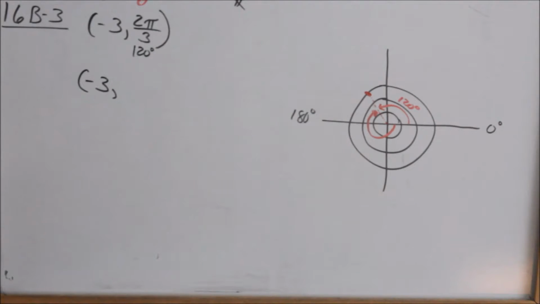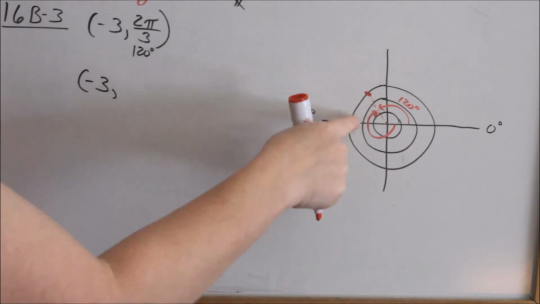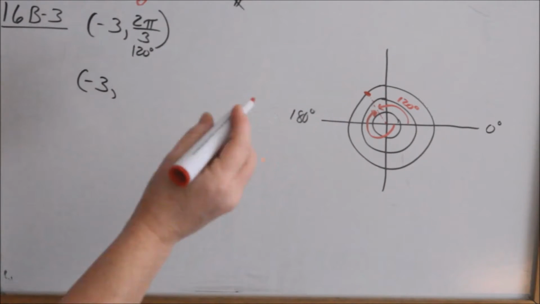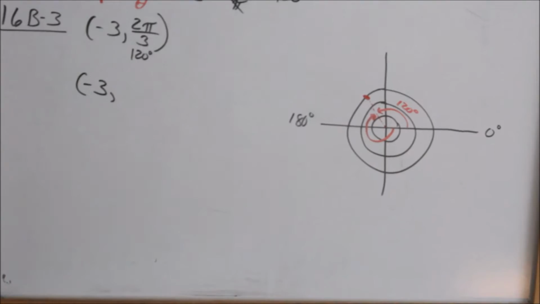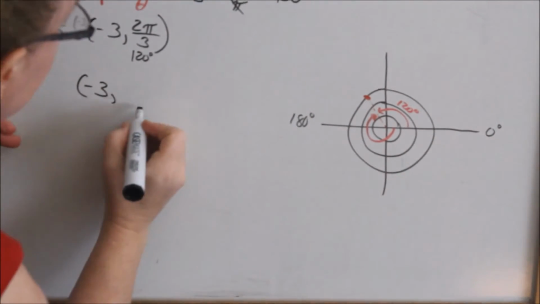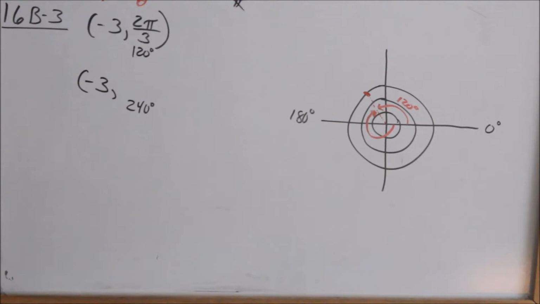If this is 120, what would this other part of the circle be? It'd be 360 minus that. Make sure, yeah, that'd be 360.